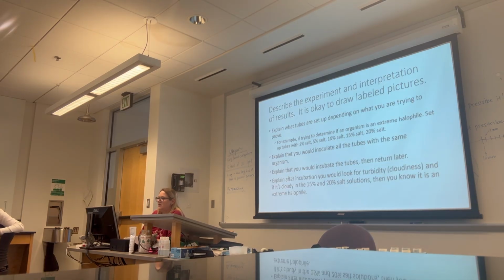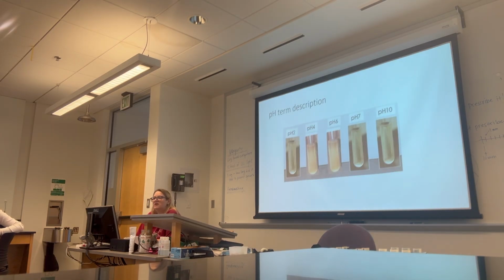So those are, you will have to interpret some test tubes and tell me the right term. They'll be straightforward, so it'll just be within that range of acid or neutral, 6.5 to 8.5, or base, which is 8.5 and up. So we'll just want to make sure we have the ranges.